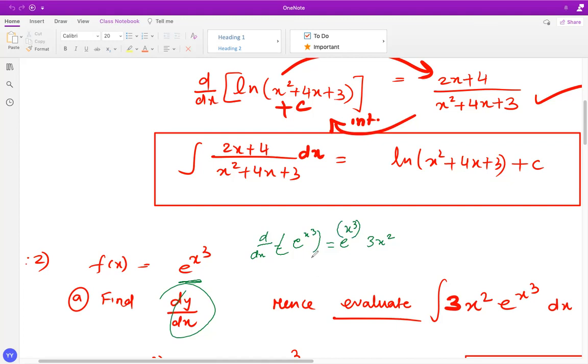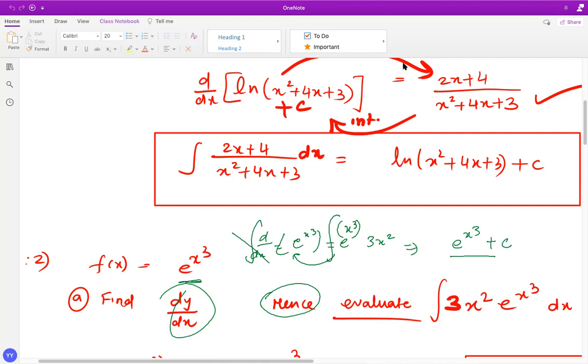Next is hence evaluate. The moment they say hence, there is some link between this and this. If I have to integrate 3x squared e to the power x cubed, it's the exact opposite of this. So if you integrate both sides, this gets canceled, and your answer is e to the power x cubed plus c. So this is the third example.